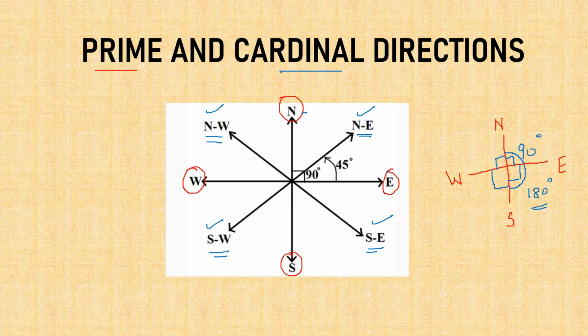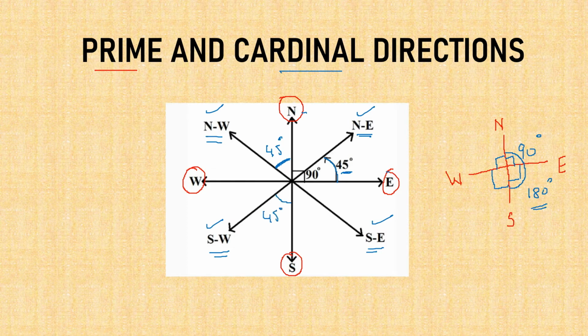And the angle between a prime and a cardinal direction, like if we talk about north and northwest, the angle will be half of 90, that is 45 degrees. Similarly, between east and northeast, it's already marked, it's again 45 degrees. So if I ask you what is the angle between south and southwest, your answer should be 45 degrees.